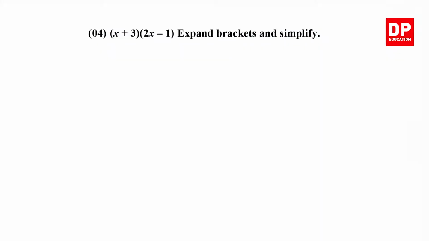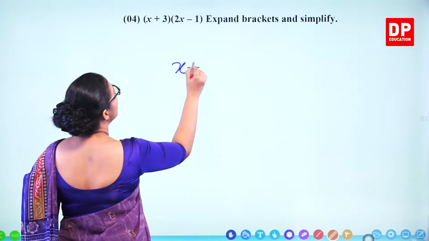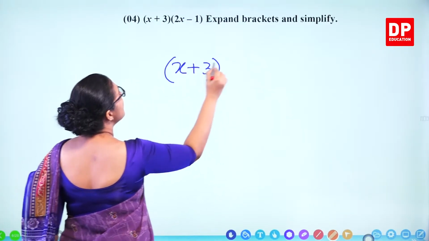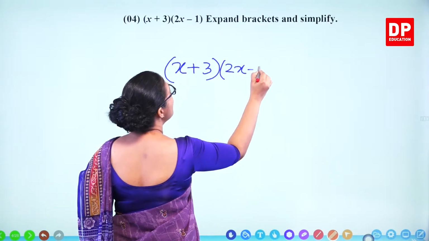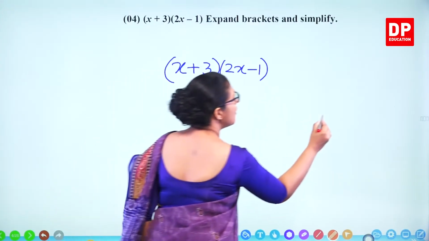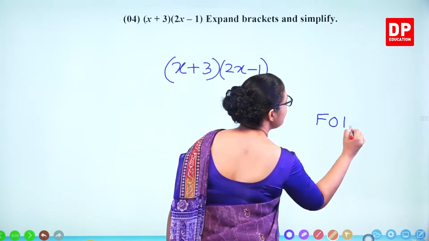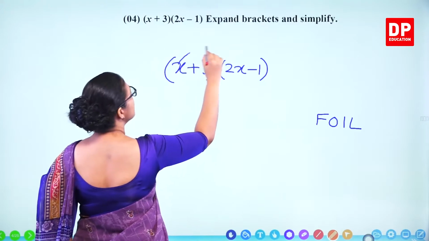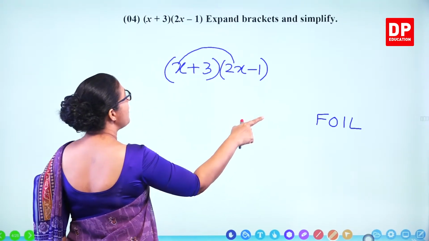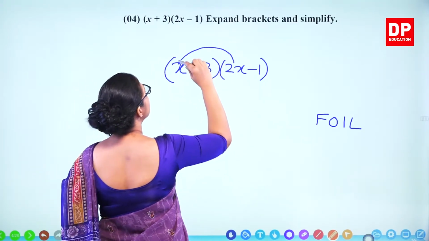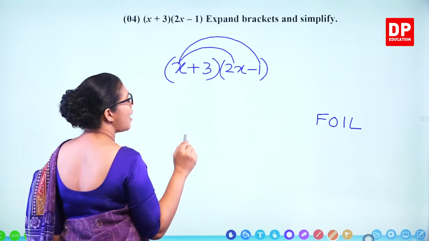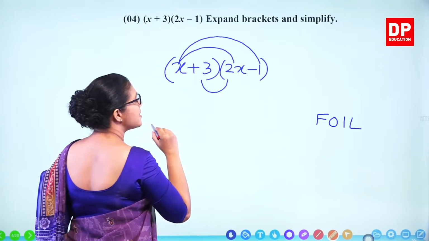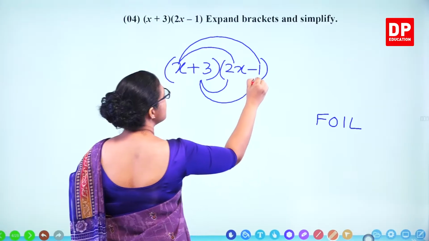Question number 4. Expand the brackets and simplify. What's the method? You can use the rainbow method or FOIL. FOIL means first with first, O means outside numbers, I means inside numbers and L means last numbers.